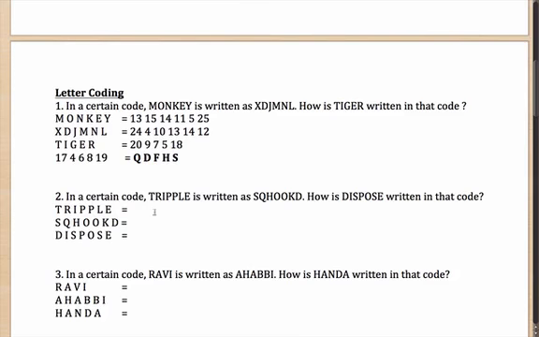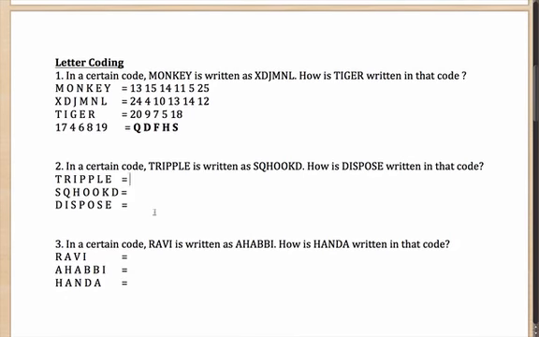Very similarly, let us try and get the code for triple. T is 20, R is 18, I is 9, P is 16, P is again 16, L is 12, and E is 5. What is SQH?